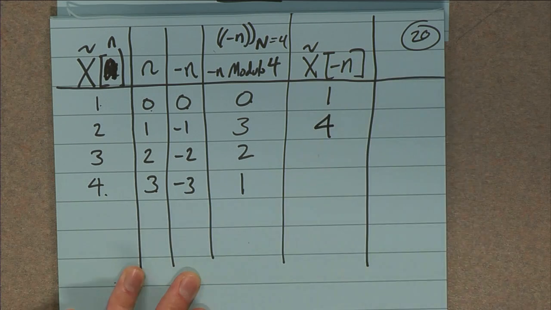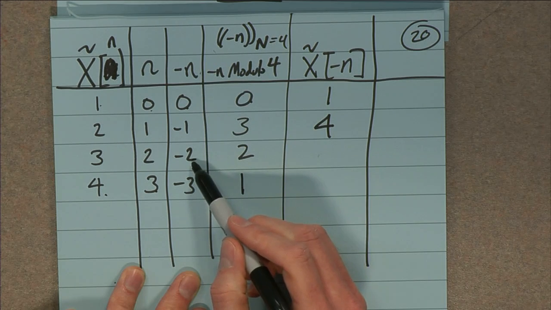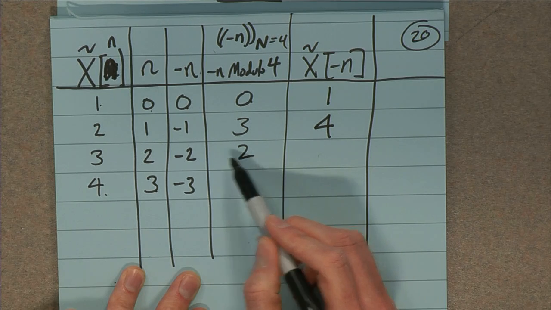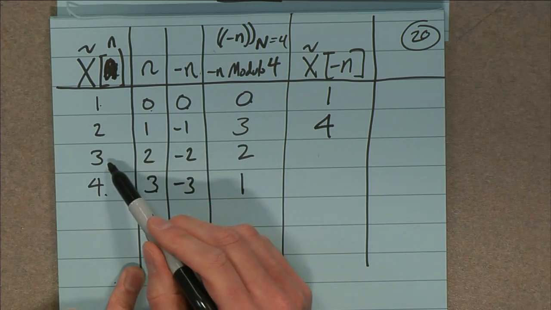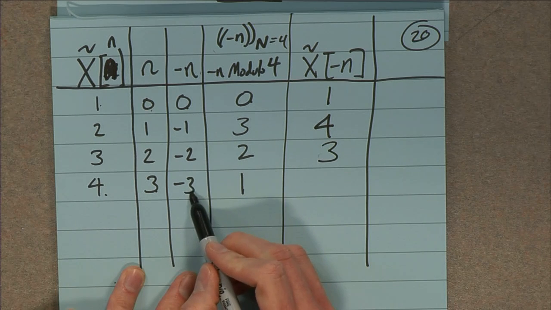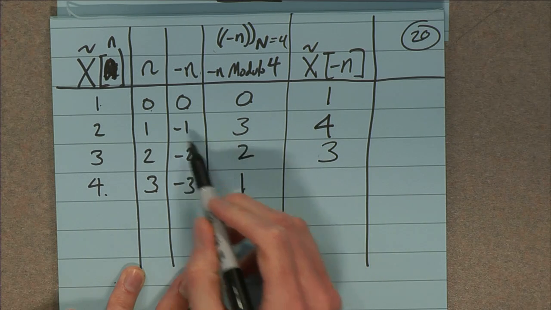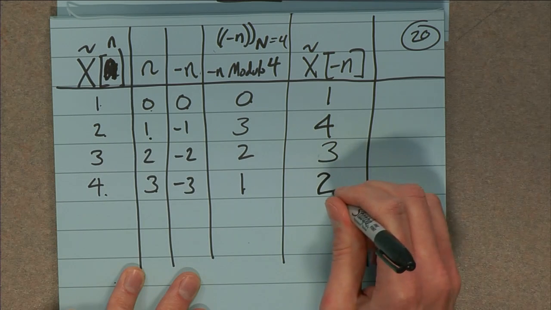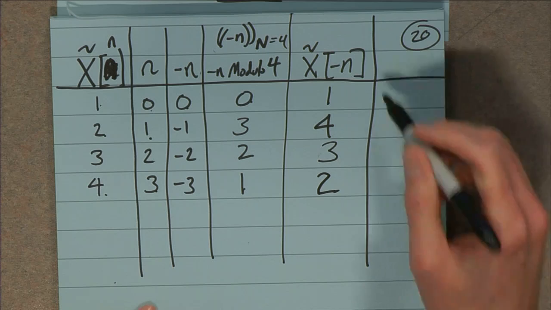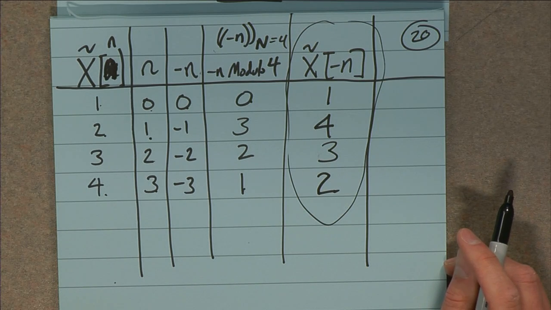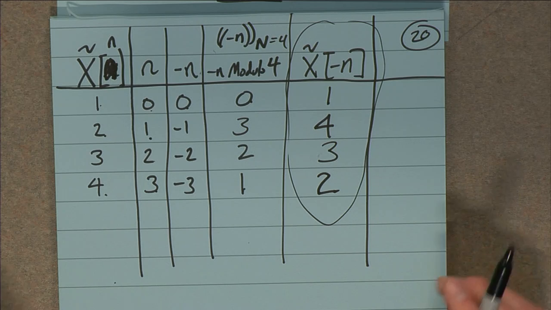So there might be an easier way to keep track of it, but I kind of like to do it this way. So minus n is now minus 2, which maps to 2. I can come over here and find a 2 and say, oh, that's 3. And for our final minus 3, that maps to the index 1. There's index 1. There's x of n, it's 2. So there's our modulo, our negative n modulo 4 version of the sequence.